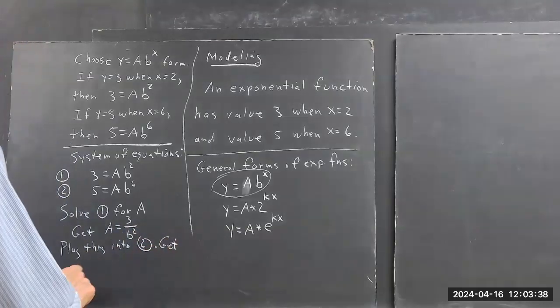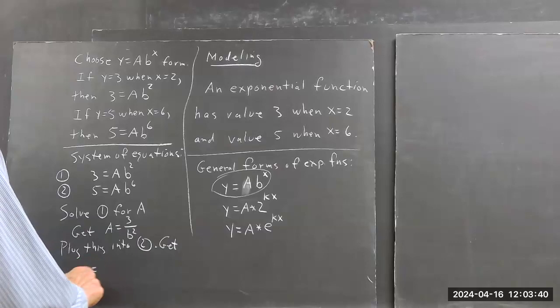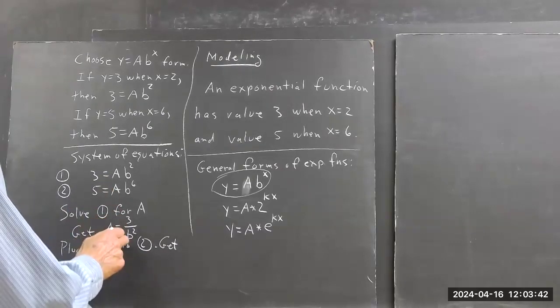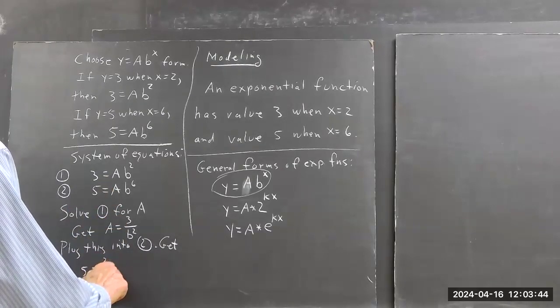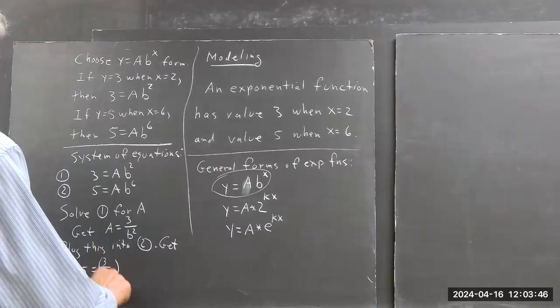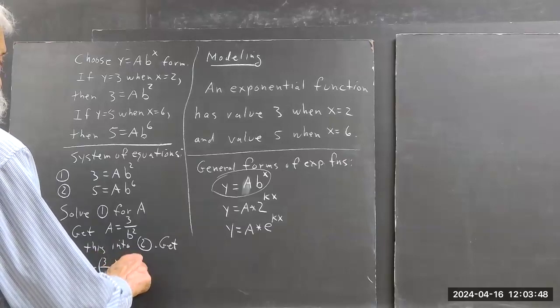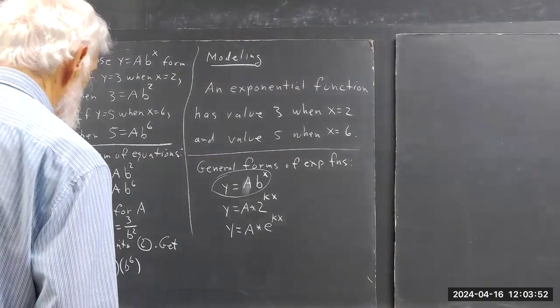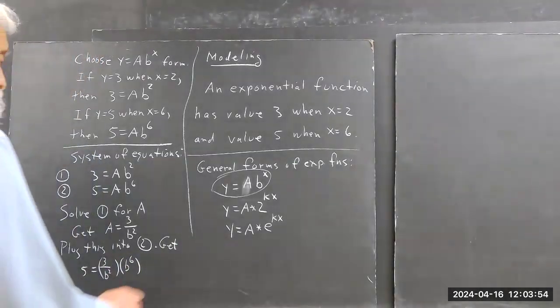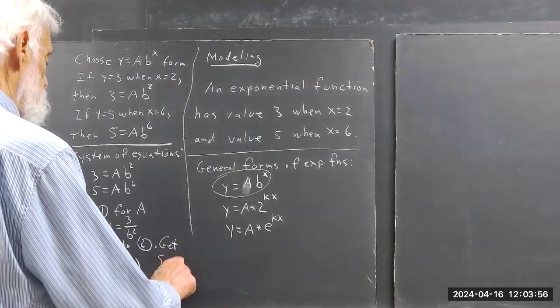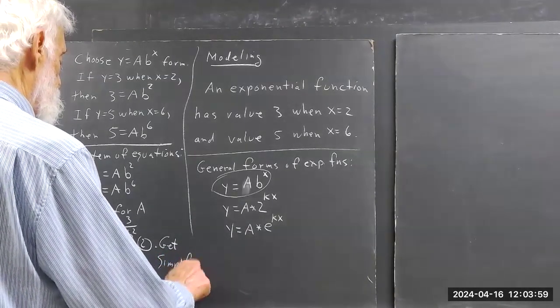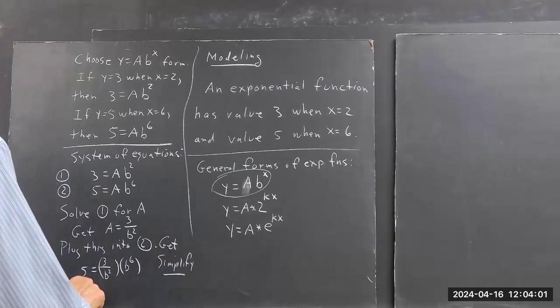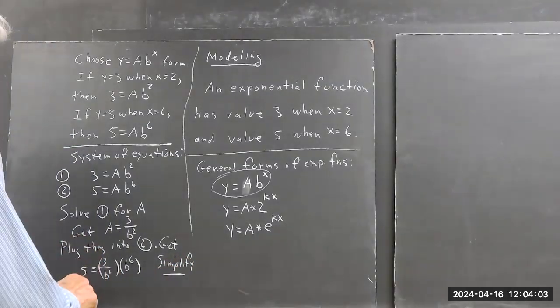What do we get? We get 5 equals a, which is now 3 over b squared, multiplied by b to the 6th. Simplify, and we're going to switch sides.